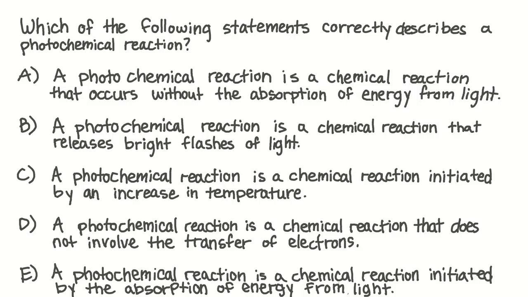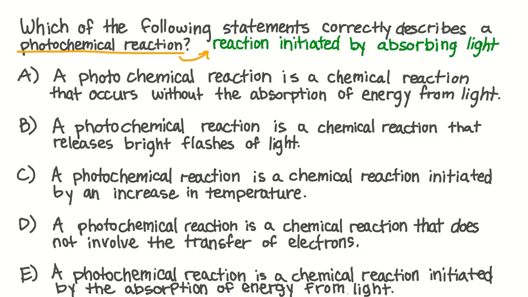B. A photochemical reaction is a chemical reaction that releases bright flashes of light. C. A photochemical reaction is a chemical reaction initiated by an increase in temperature. D. A photochemical reaction is a chemical reaction that does not involve the transfer of electrons. E. A photochemical reaction is a chemical reaction initiated by the absorption of energy from light.